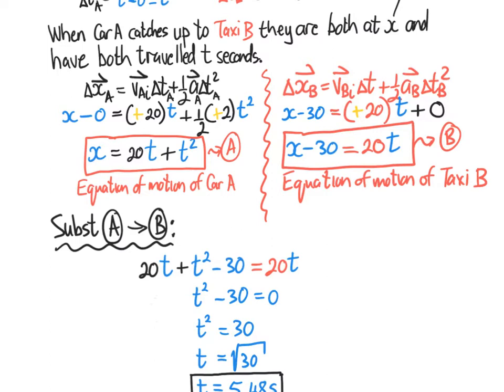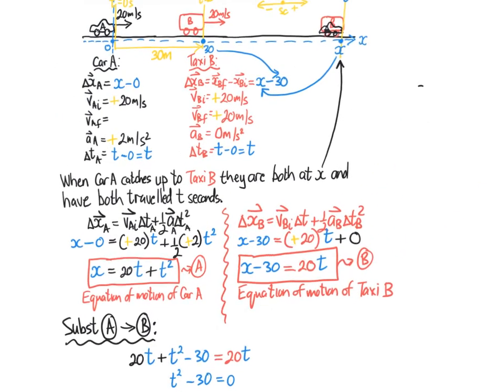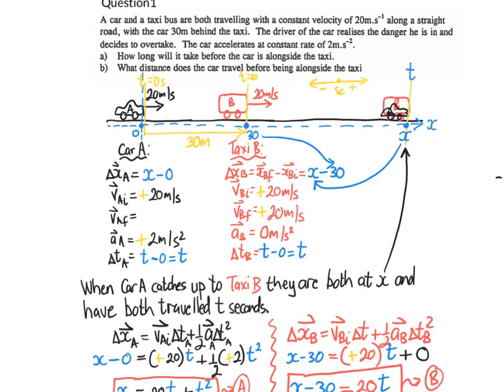The change in position of vehicle A is x minus 0. This is really important, so I'm going to zoom up here. For the car, when it catches up with the taxi, its change in position is its final position minus its initial position. So its final position is x minus 0.